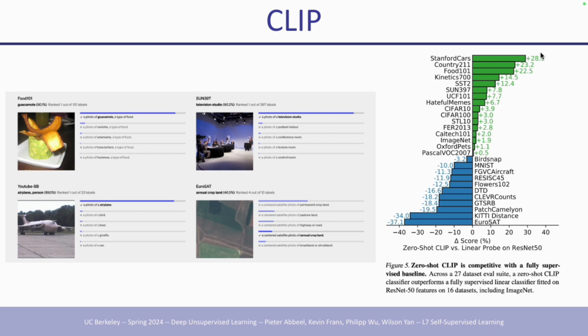You can see that the zero-shot version is able to do better than the fully supervised one. Of course, it's not exactly comparable, since this is only a fully supervised linear classifier fitted on the raw data, but still it shows that this pre-training is very effective.